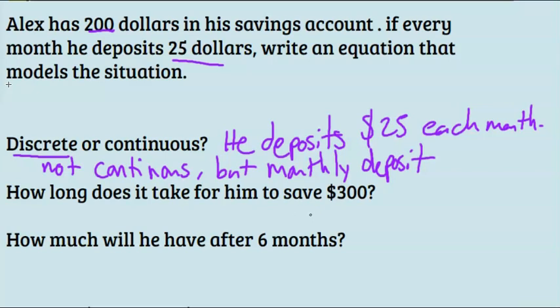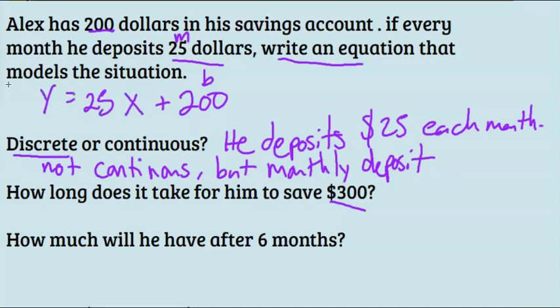How long would it take him to save $300? So what you would do is write this equation to model the situation. So they have $200 at the beginning. So you can say that's your B value. He deposits $25. We're going to call that the M value, the slope. So we got y equals 25x plus 200.